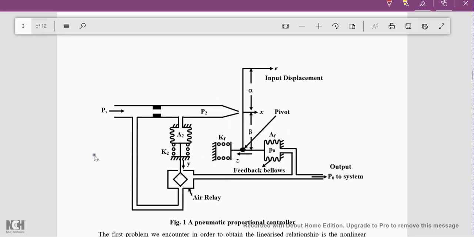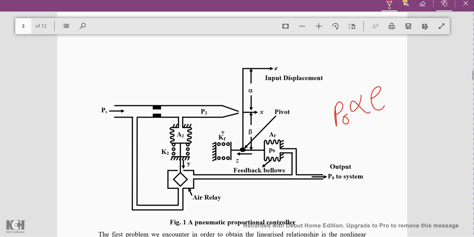Now this total arrangement is called a proportional controller because it acts as a controller in a pneumatic system, generating output pressure proportional to the input displacement E. So the output pressure P naught will be directly proportional to E. To arrive at that equation, first we need to convert the actual pneumatic components into mathematical blocks represented with the help of mathematical equations.